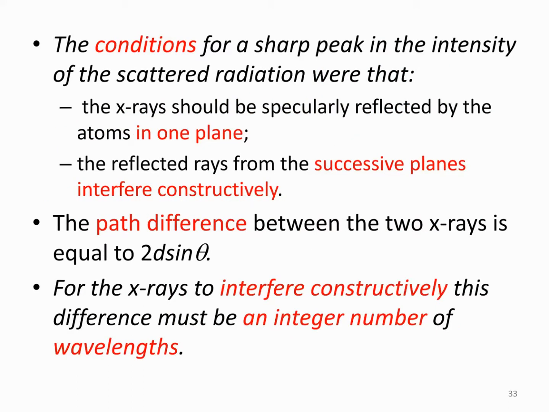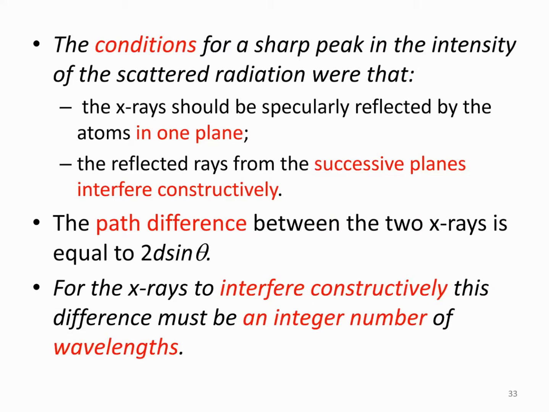So the condition for a sharp peak in the intensity of the scattered radiation was that the X-ray should be specularly reflected by the atoms in one plane. So all the atoms on the same plane will produce the interference, and then the reflected rays from successive planes interfere constructively. All the atoms on the plane will produce the same interference, right?